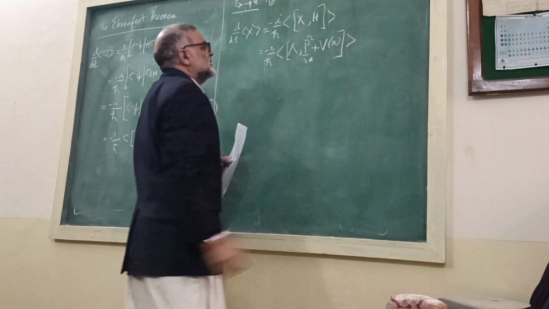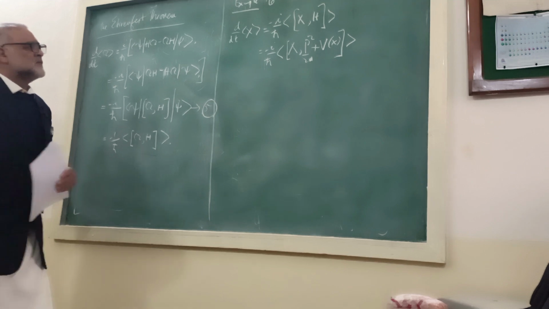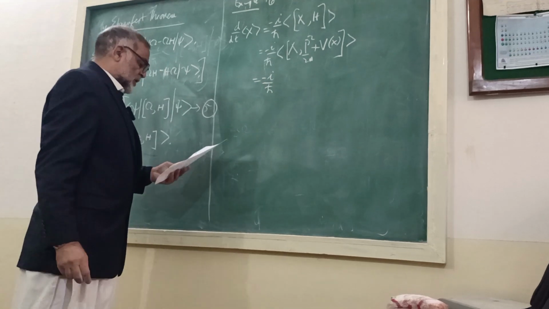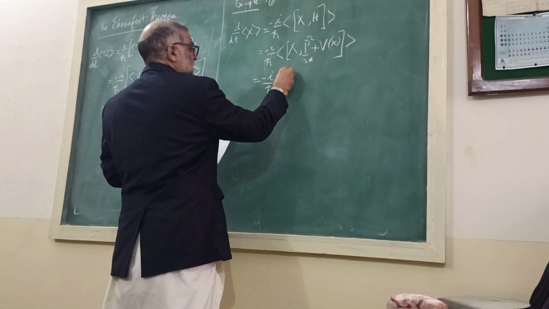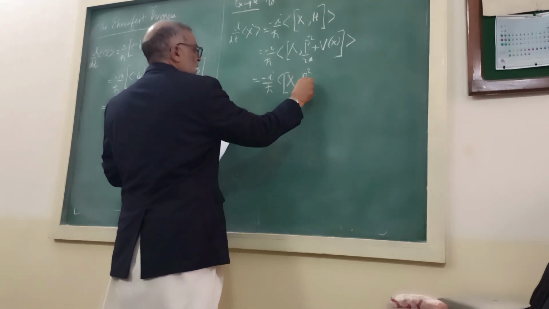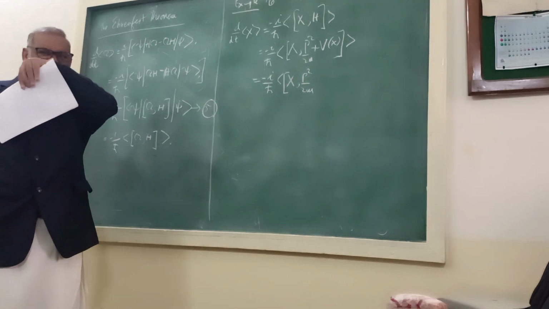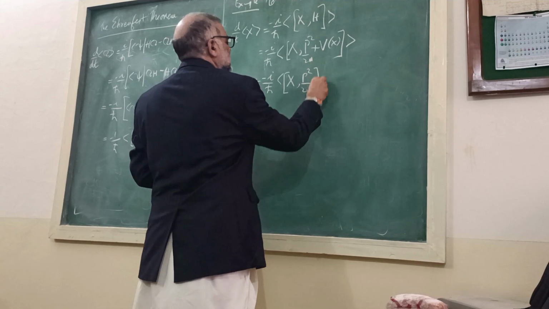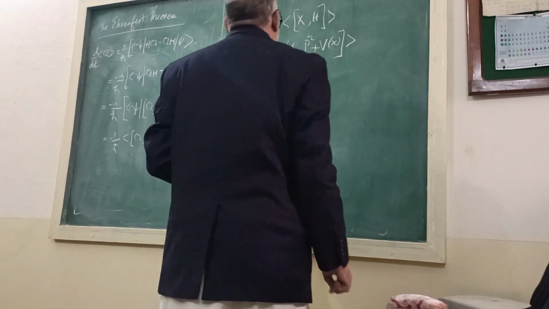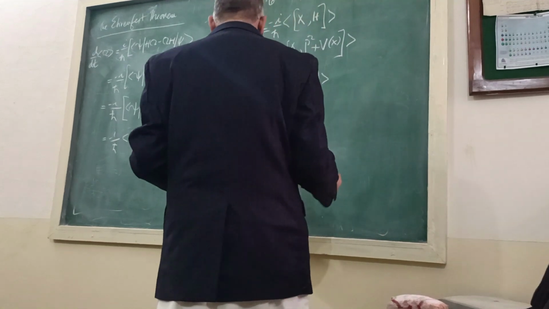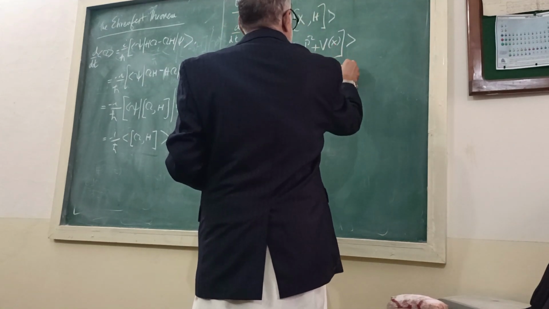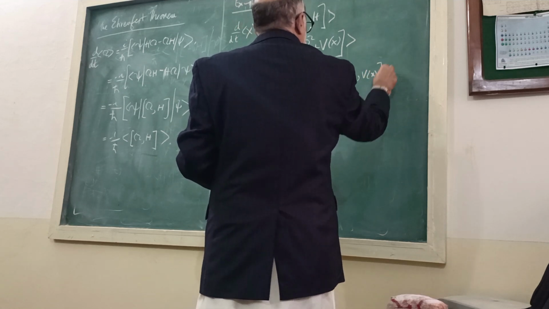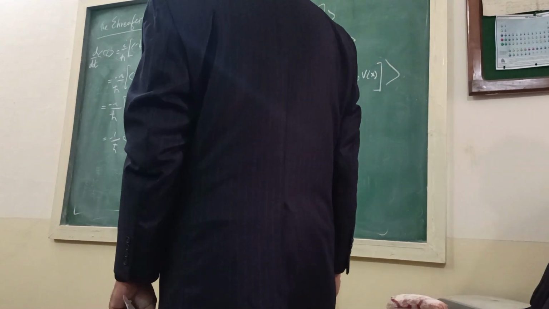I can write it like this: x with p square divided by 2m, and plus x with V of x, in expectation.